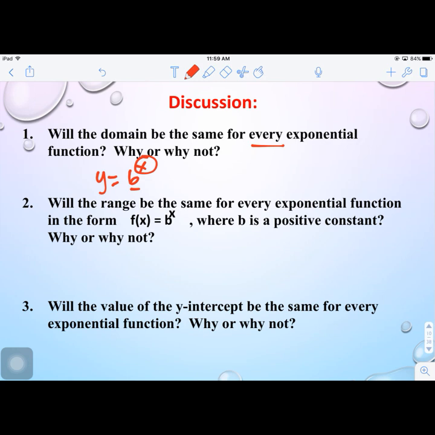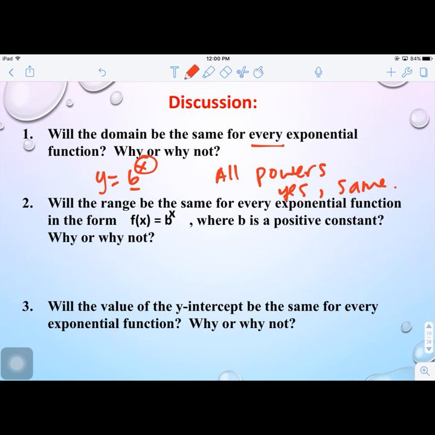You can raise a base to any power, so all powers would work. So the answer is yes, the domain will be the same for every exponential function. You can raise all of them to any power you want.